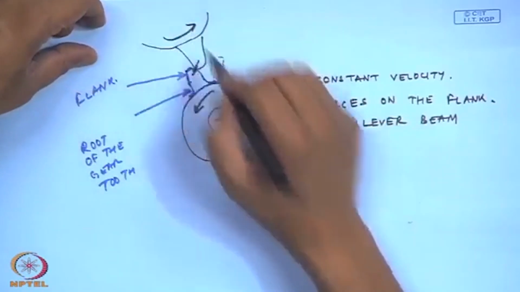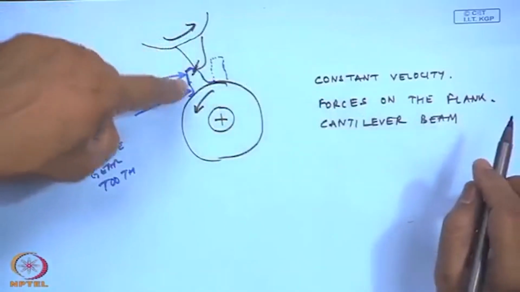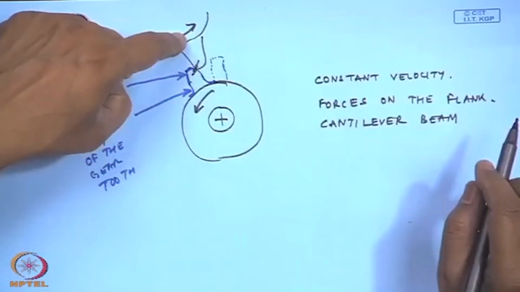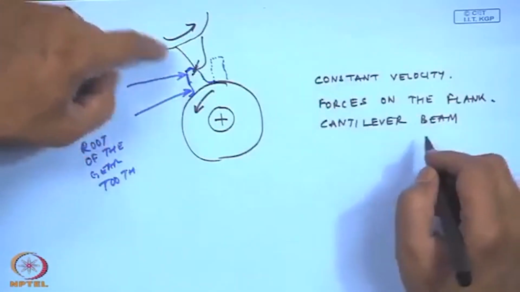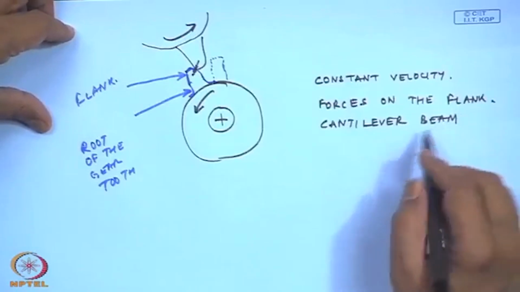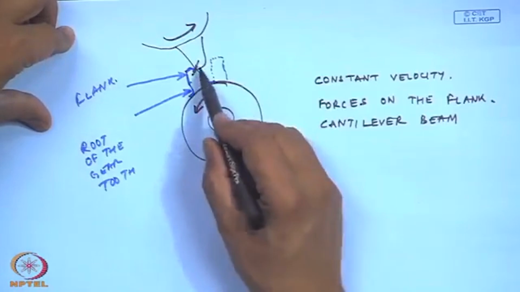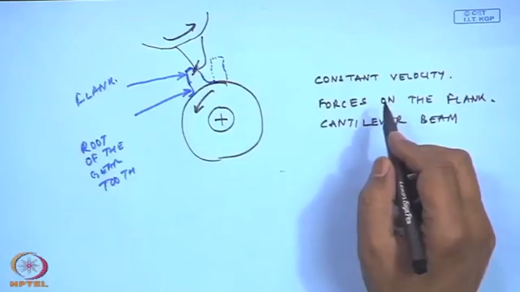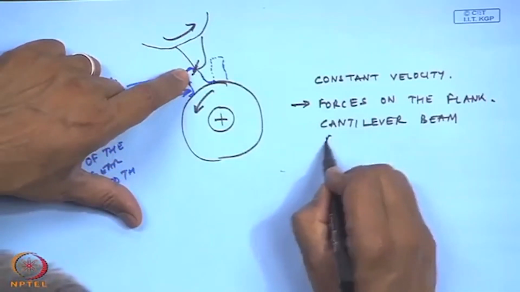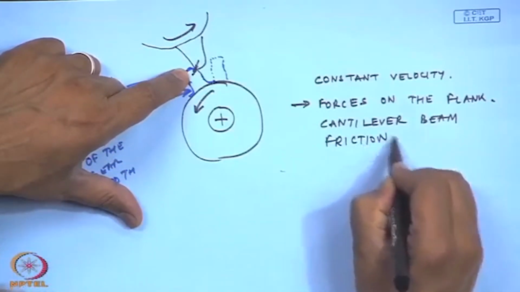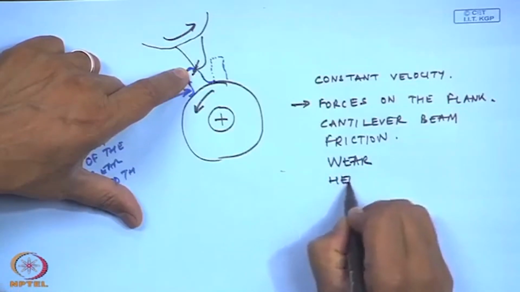So, along the gearbox, this pinion is there, the gear is there, and each time they are rotating, one tooth meshes with its corresponding tooth from the other gear, and so on. This kind of gear meshing happens. Now, when the gear teeth are in contact with the other gear teeth, there will be forces, and because of the contact there is friction, and so there will be wear, and there will be heat generation.